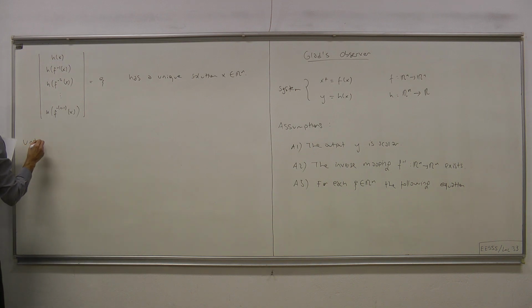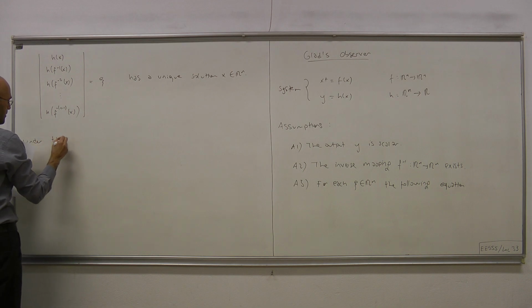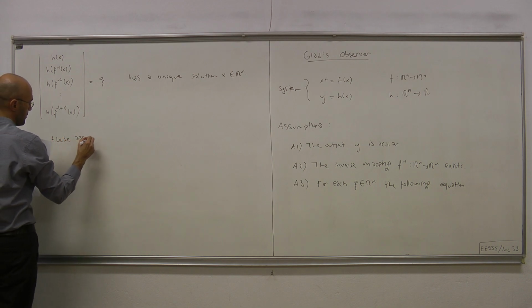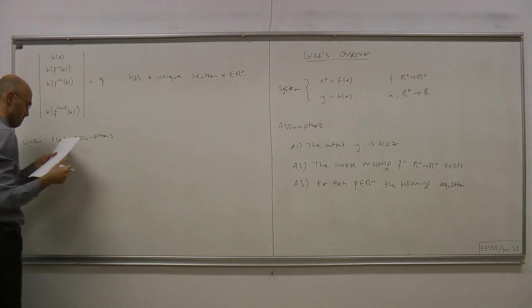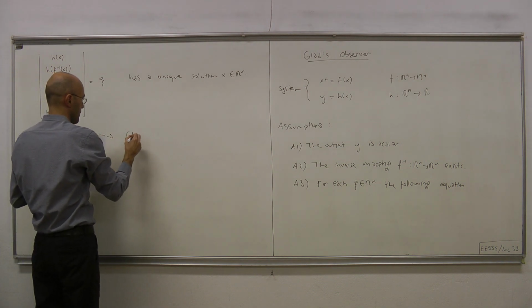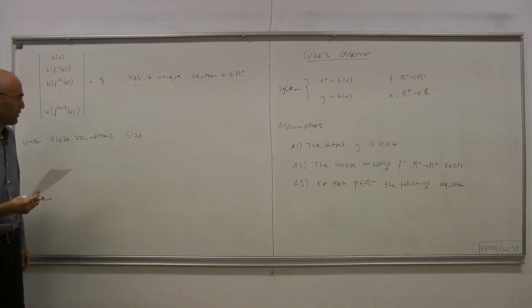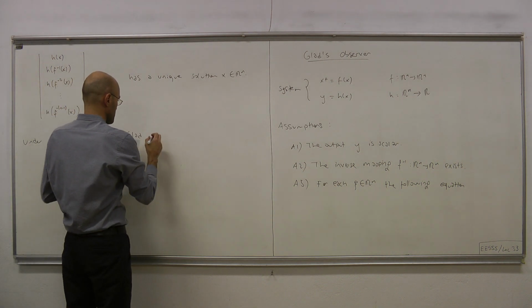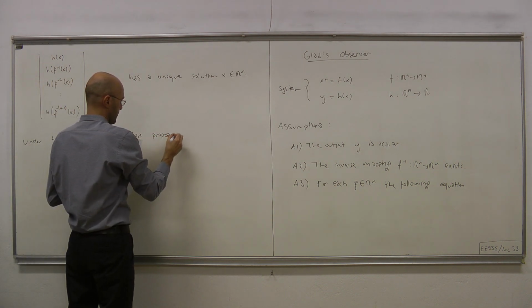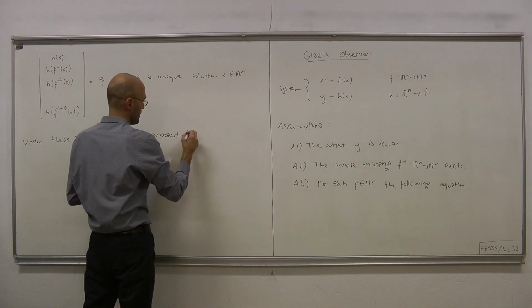Now, under these assumptions, Professor Glad proposes the following observer topology.